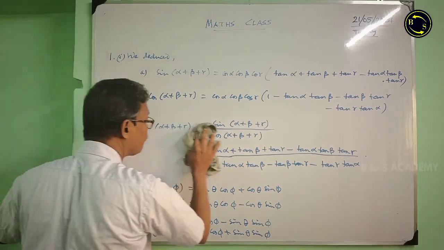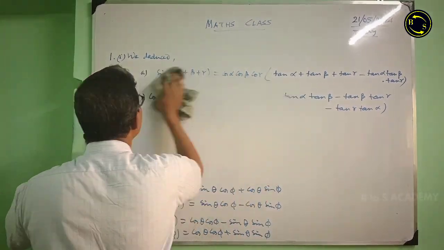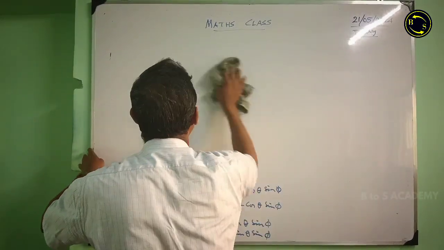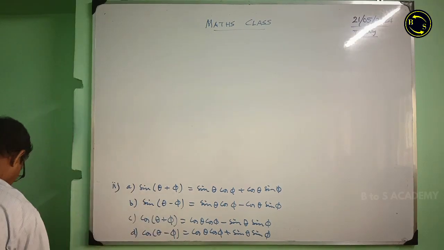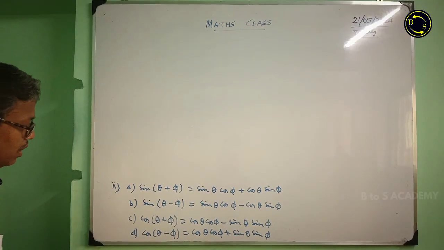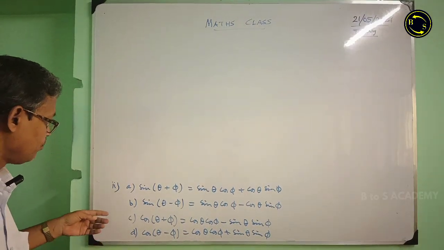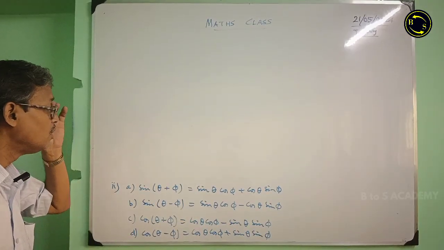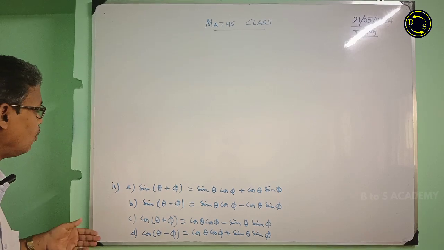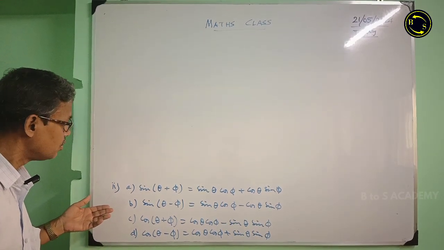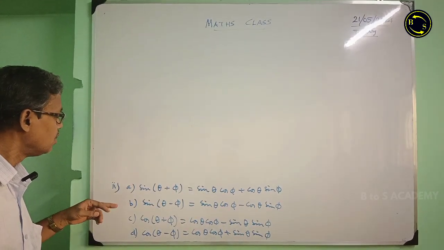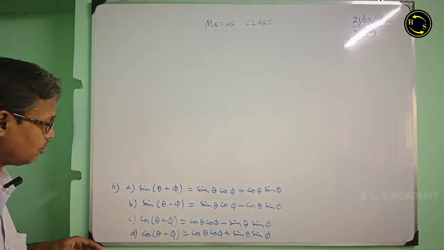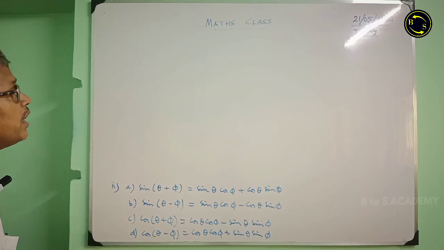Now, adding AB and CD respectively, also taking difference of B from A and D from C, we are going to get new forms, new identities.